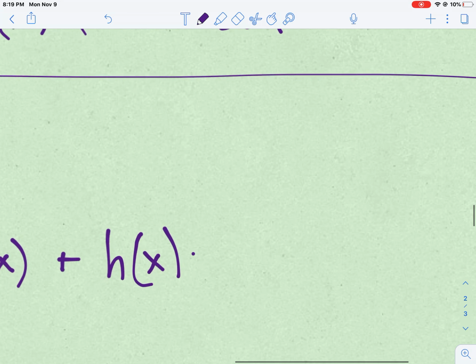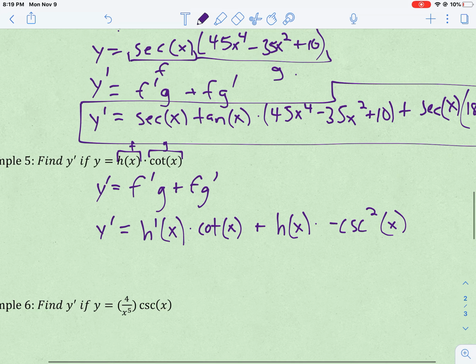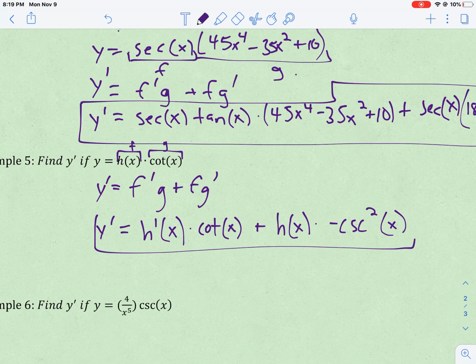The derivative of the cotangent of x is negative cosecant squared x. Okay? And then we're done. Okay? So again, just for a general function, right, you would do the same thing. H of x can be any function you want it to be, all right?